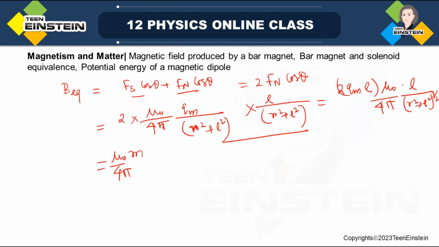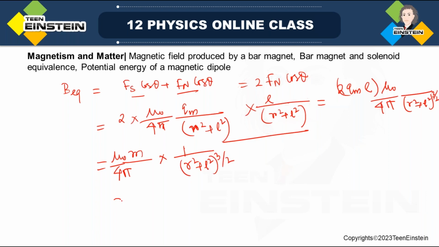So this l will not be there, and this part is done. Now we just have 1 over r square plus l square whole to the power 3 by 2.